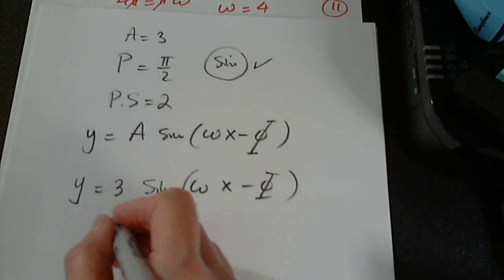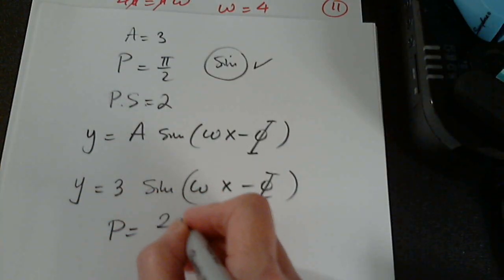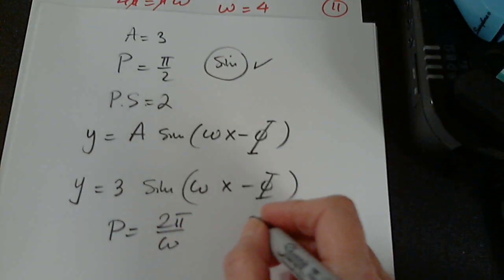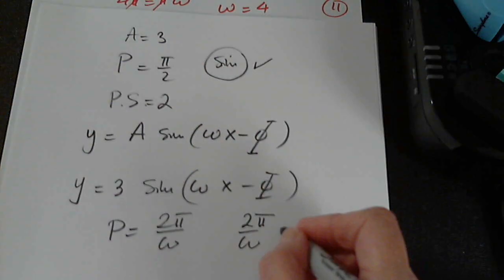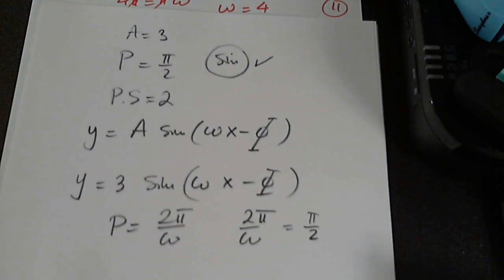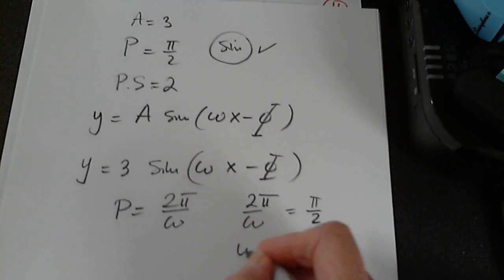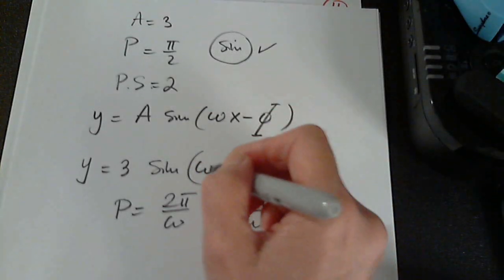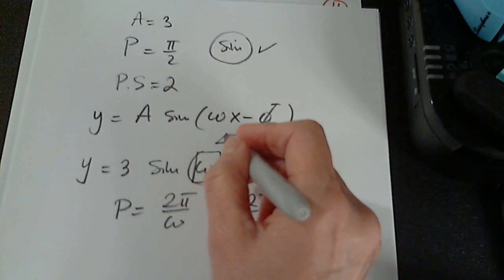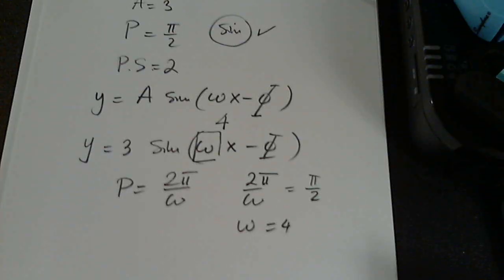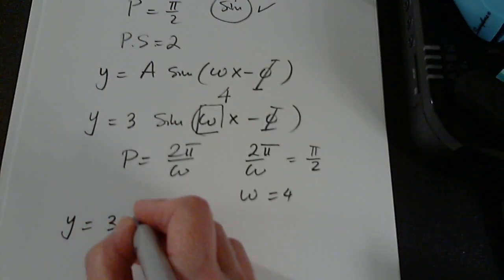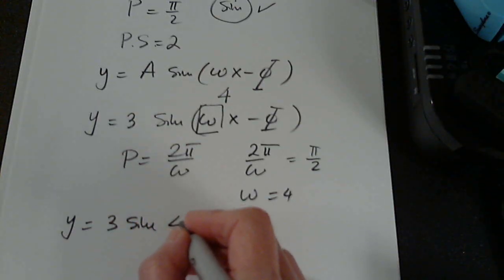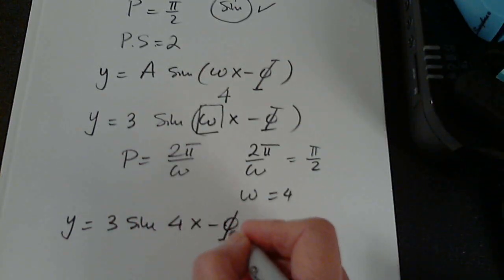How do I determine omega? I know that the period is 2 pi over omega. Then 2 pi over omega has to equal pi over 2. We cross-multiplied and we found that omega was 4. So this number is 4. Then I write y equals 3 sine 4x minus phi.